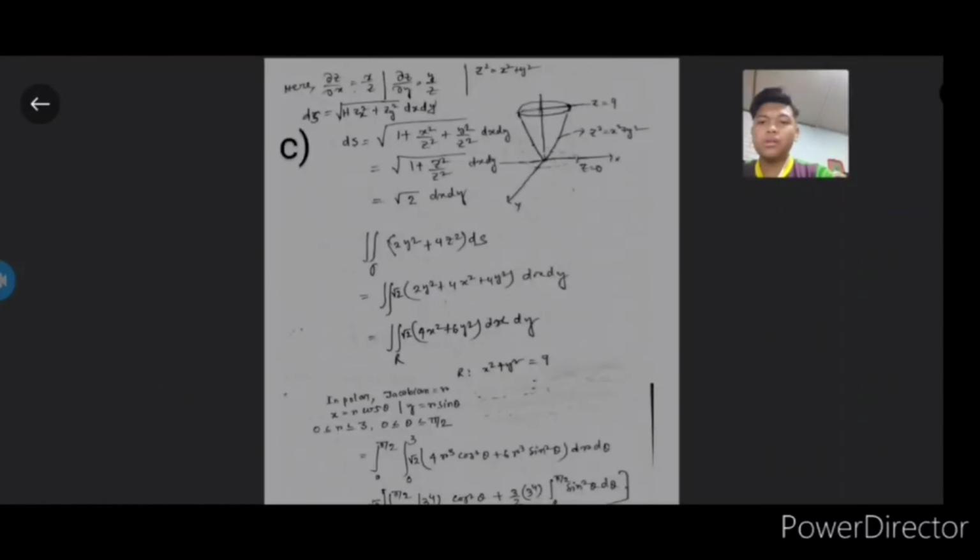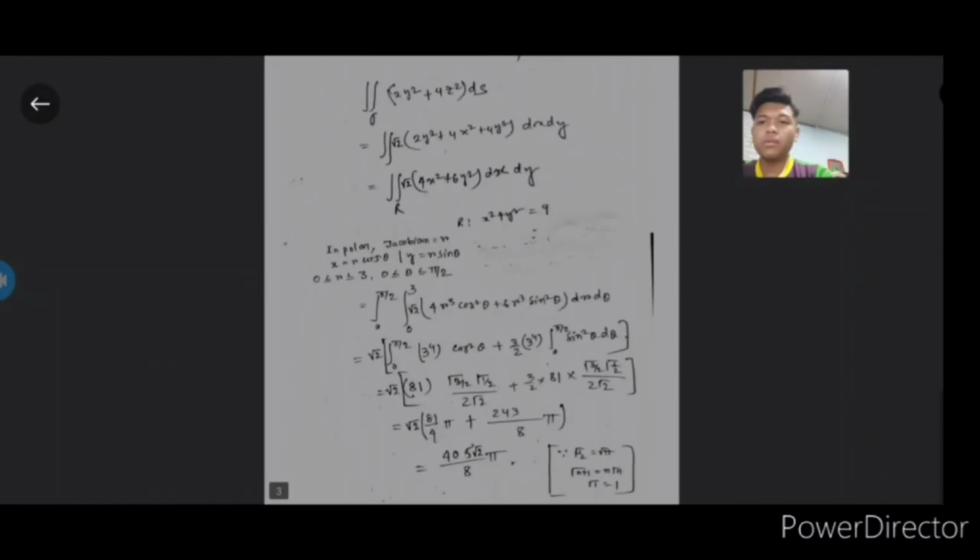And after that, in polar, x is r cos theta and y is r sin theta, so the value for r is 0 less than or equal to r less than or equal to 3.